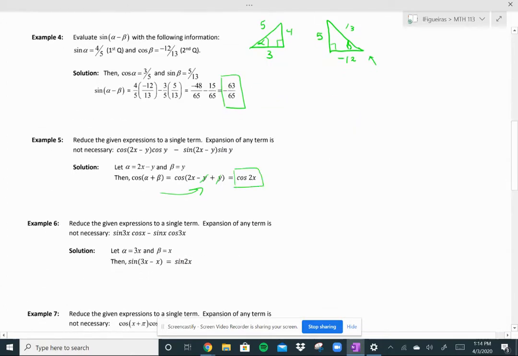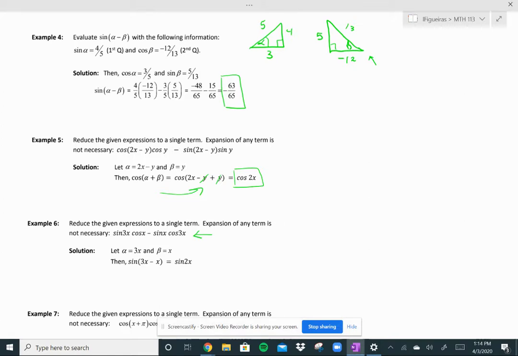That was our answer. So again, we want to reduce the given expression to a single term. Expansion of any term is not necessary, so we actually need to recognize which formula this looks most like. So notice that I have the sine of 3x times the cosine of x minus the sine of x times the cosine of 3x.